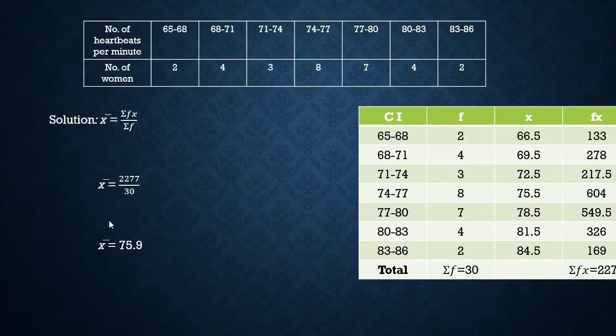On division we get x bar is equal to 75.9. So the mean heartbeat per minute for the women as measured by the hospital is 75.9 beats per minute. Per minute 75.9 heartbeats for the 30 women, that is the average heartbeat. So this is the solution for the fourth question.